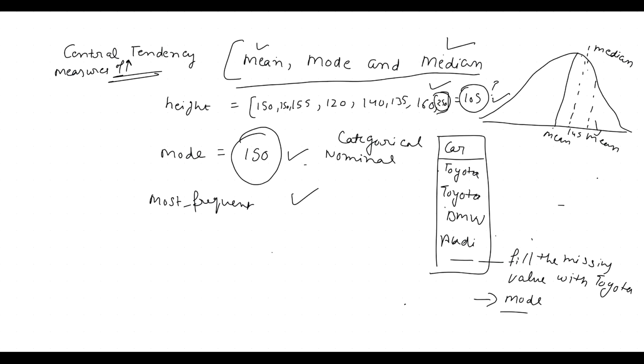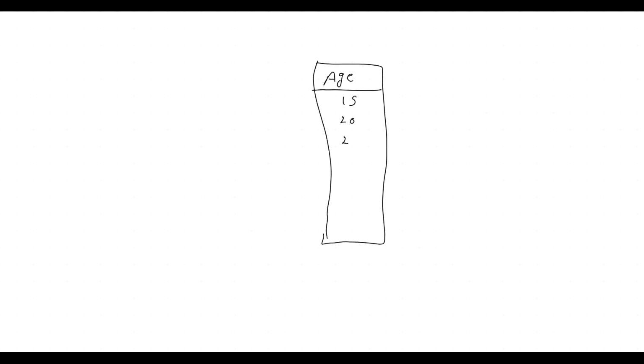Now I will give you another very good example for mean, mode and median. Let's take one column of age. Sorry about the line, it's not straight. So let's say age is 15, 20, 25, 30, 35, 40, and this is the missing value.